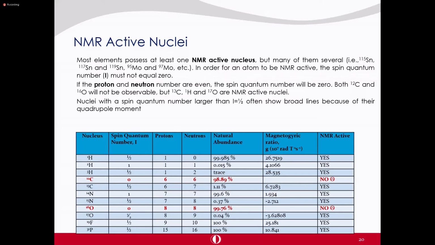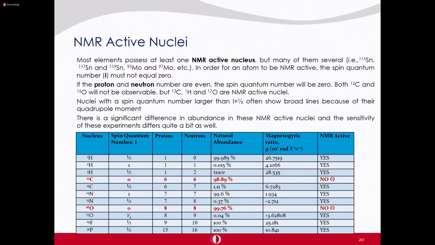Nuclei with a spin quantum number larger than I equal to 0.5 often show broad lines because of their quadrupole moments. There is a significant difference in the abundance of these NMR active nuclei, and the sensitivity of these experiments also differs quite a bit.